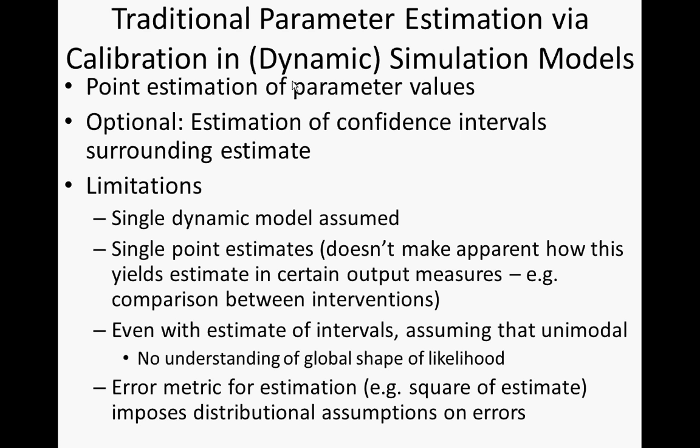It turns out that associated with classic methods of optimization are often less well articulated or less explicit assumptions. Sometimes they lie completely implicit. For example, we may make assumptions about the distribution associated with errors through the metric by which we compare, on the one hand, model results and, on the other, the empirical data.